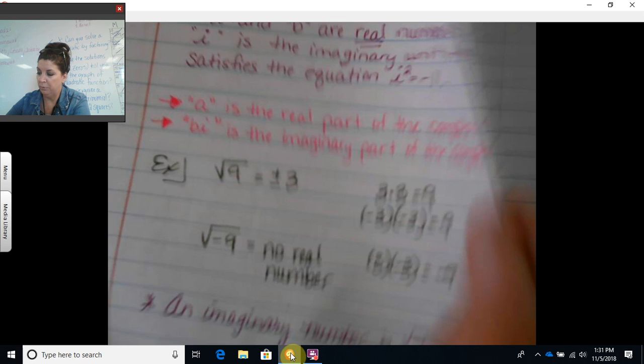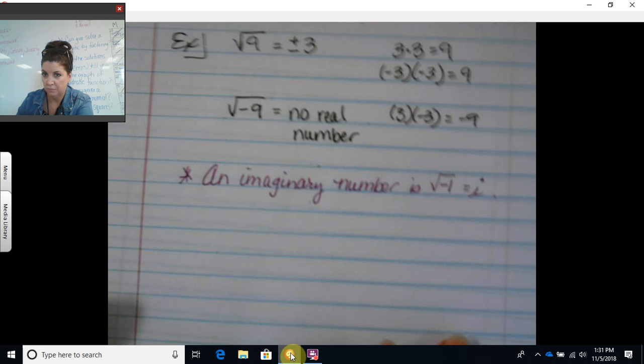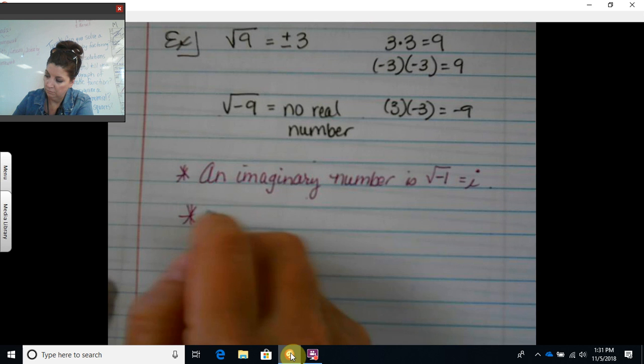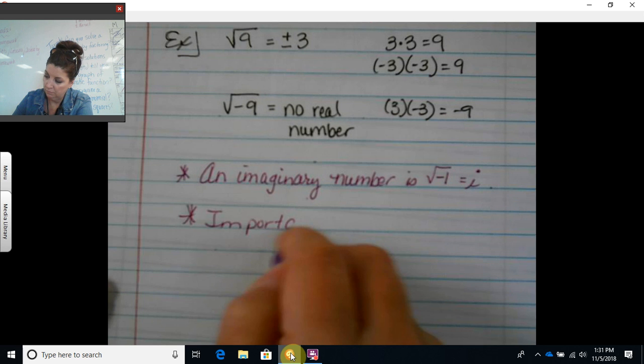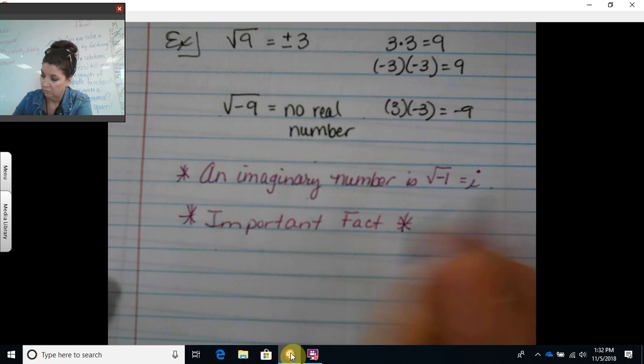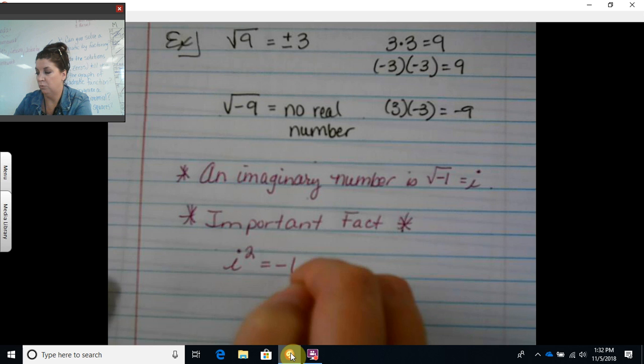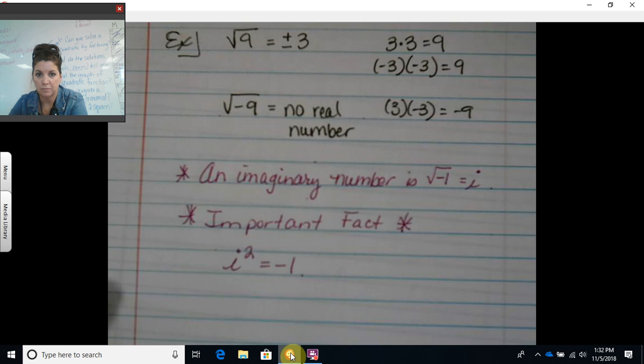And another important fact, i squared equals negative 1. So i just means the square root of negative 1. But if you see i squared, you never leave that, okay? If it's i squared, you always replace that with negative 1. Which is not going to be really important to us today, but it will be during the next lesson.